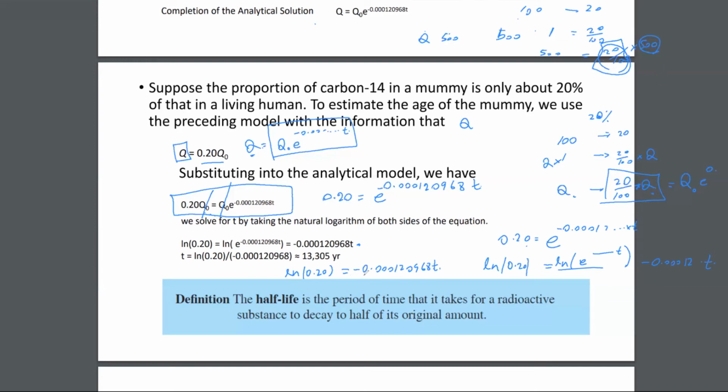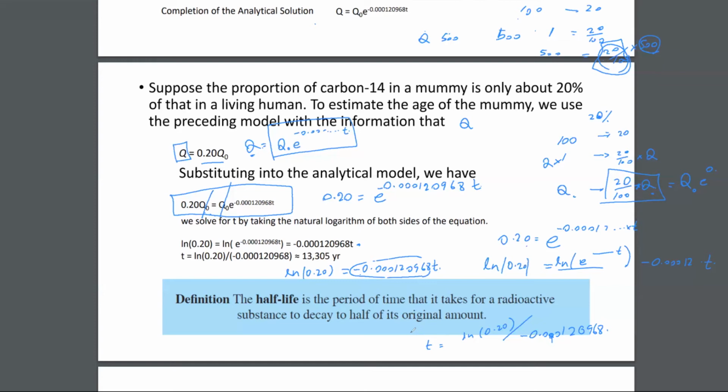Well, you divide both sides by this value. So if I divide both sides by this value right here, I get t on one side, and the other side I have ln 0.20 divided by negative 0.0120968.